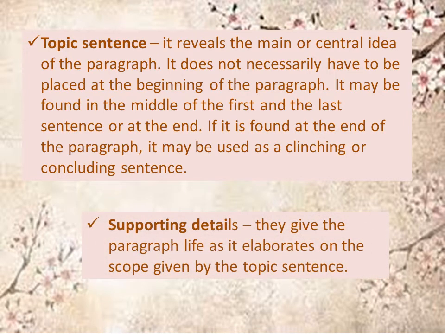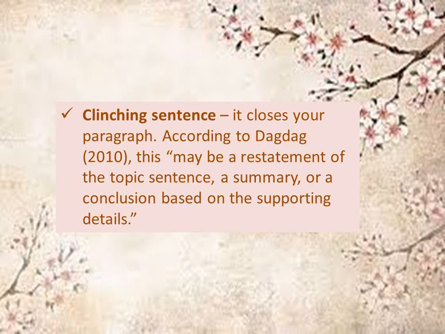And also the supporting details give the paragraph life as they elaborate on the scope given by the topic sentence. The clinching sentence closes your paragraph. According to Dagdagroder 2010, this may be a restatement of the topic sentence, a summary, or a conclusion based on the supporting details.